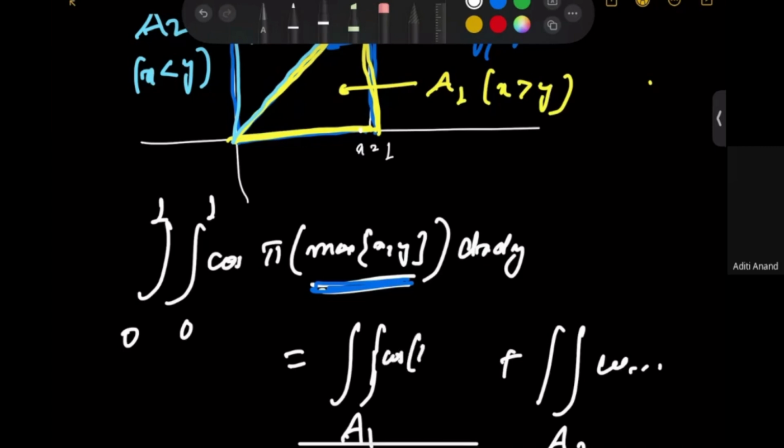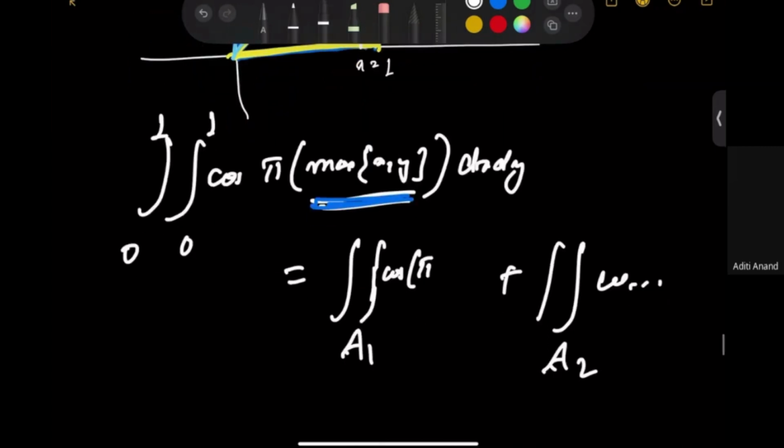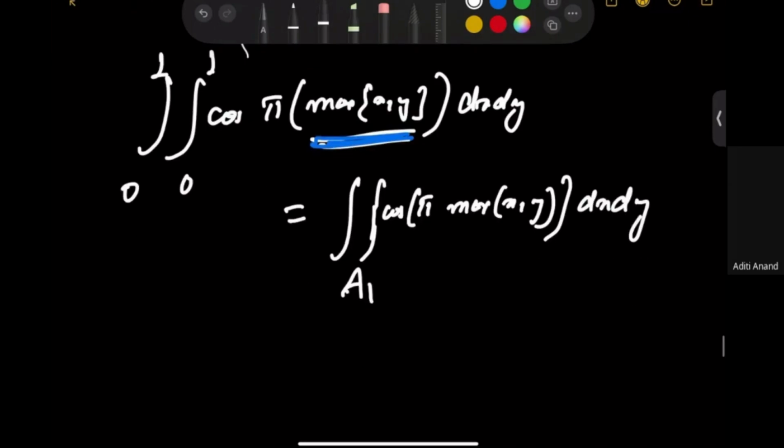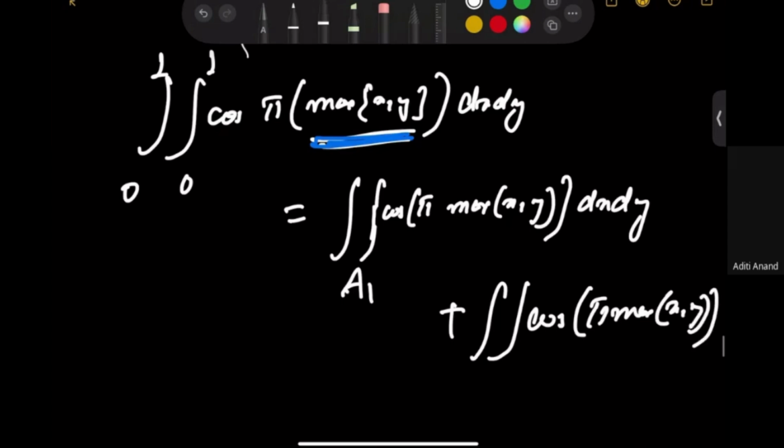Cos of pi max of x and y dx dy over A1 plus the same function, cos of pi max of x and y dx dy over A2.